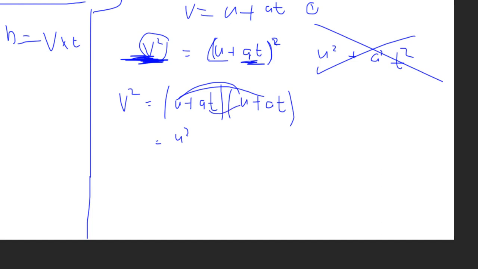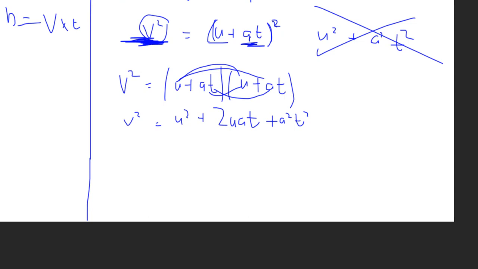Then this times this, you get another u at, so you get 2 u at, or 2 atu, doesn't matter. And then this times this, you get a square t square, and the v square is still here. Beautiful, like that.